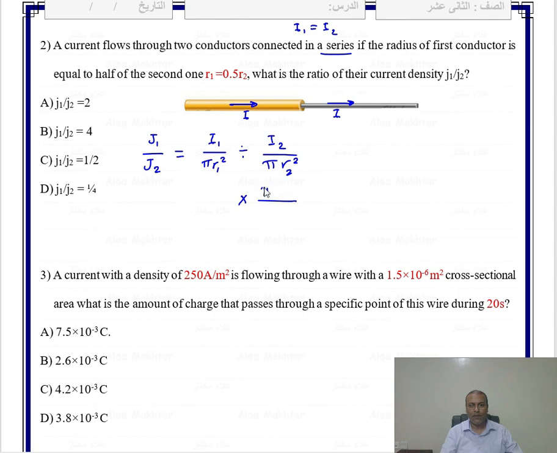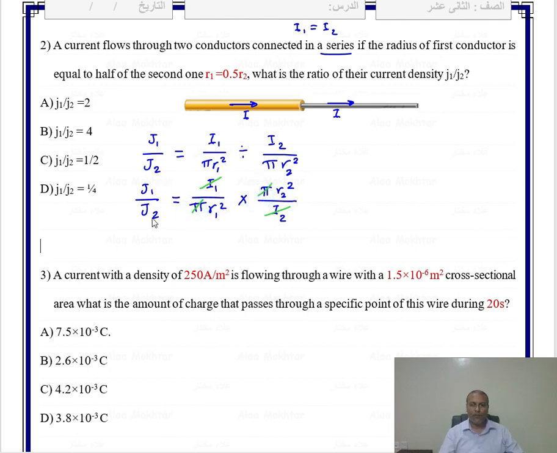We write pi R2 squared over I2, and this I1 over pi R1 squared. I1 and I2 are the same, so we can cancel them, connected in series. And pi cancels with pi.